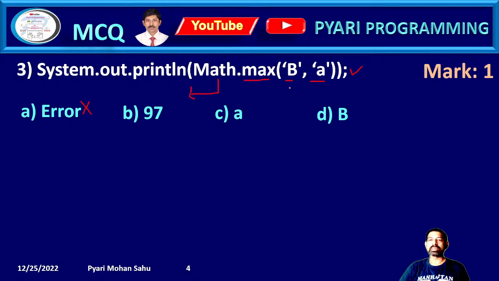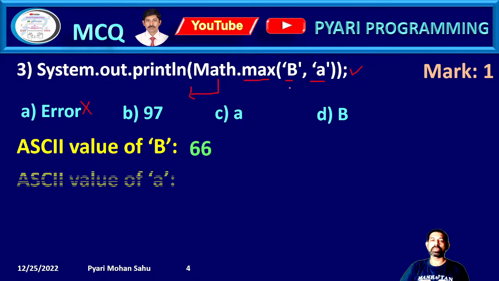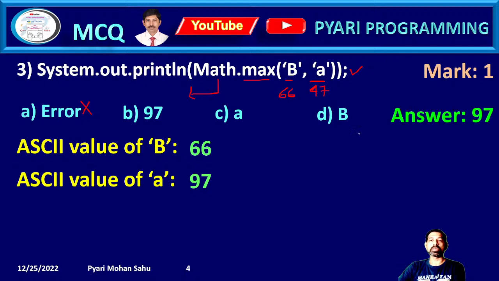Now, what is the ASCII value of B? The ASCII value of B is 66 and the ASCII value of lowercase a is 97. Now, out of these two, which one is highest? 97 is the highest, so it will return 97. So that's why the answer is 97.